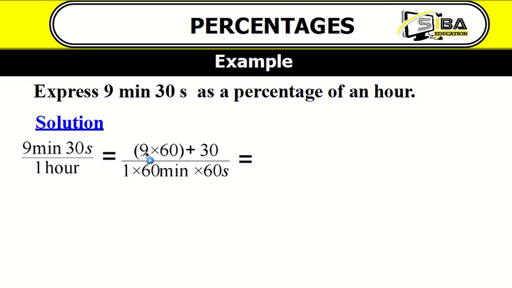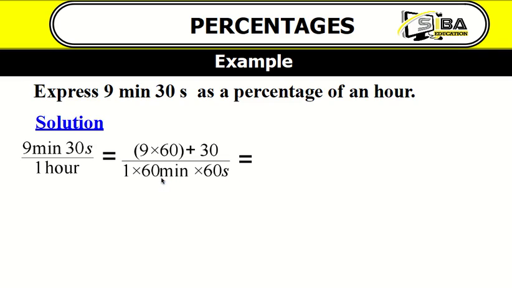So to convert 9 minutes to seconds, we multiply by 60 seconds, right? Plus 30, the 30 is already in seconds, so there's no need for us to convert again. Then to convert 1 hour to seconds, let's multiply the 1 hour by 60 minutes, that is changing it to minutes before changing it to seconds.